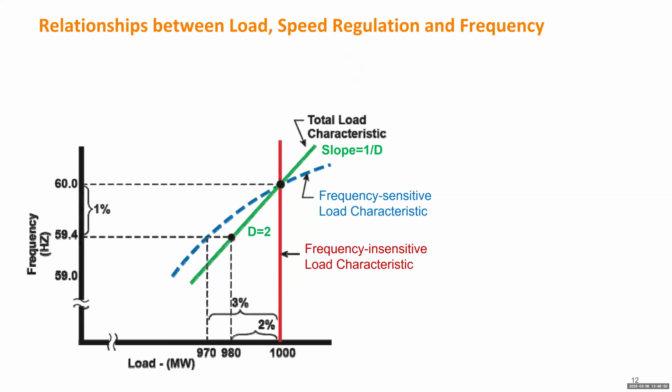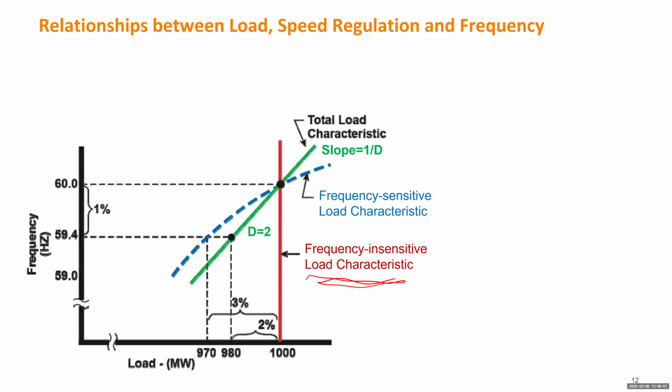All right, let's see how the speed governor can influence the frequency after some change on the load. So here X is the load of the generator and Y is the frequency of the system. If the load is a completely frequency insensitive load, which is the red line, it means the load has no room to negotiate.